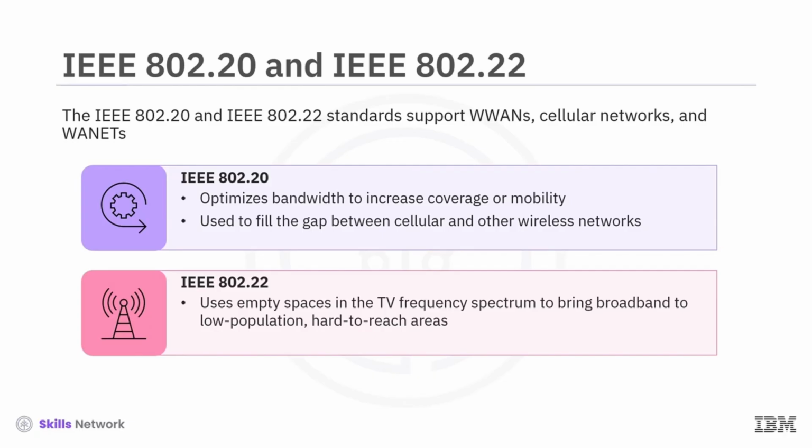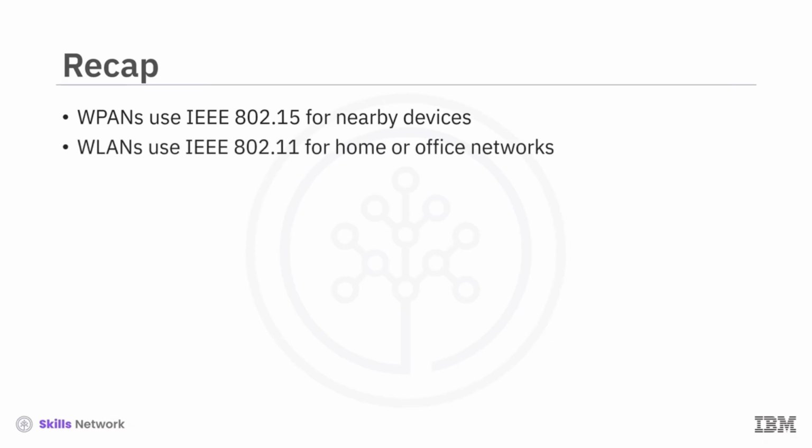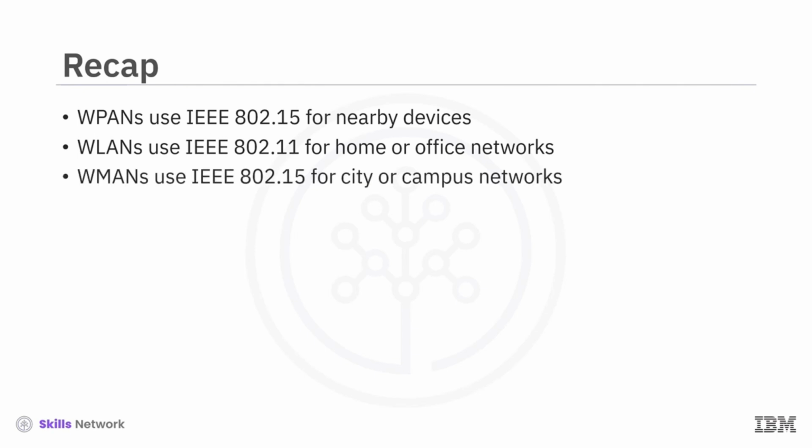In this video, you learned that WPANs use IEEE 802.15 for nearby devices. WLANs use IEEE 802.11 for home or office networks. WMANs use IEEE 802.15 for city or campus networks.